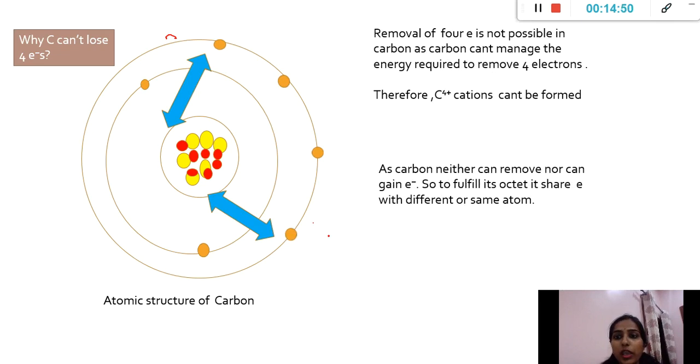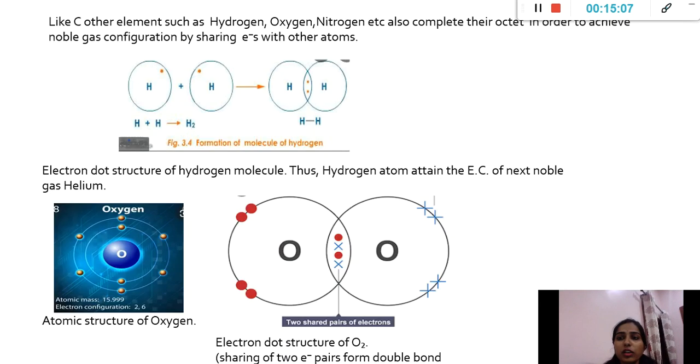That's why the 4 electrons in their valence shell are not able to escape from their outermost shell. In this way, carbon can't lose 4 electrons in order to attain a noble gas configuration. So, what will it do now?